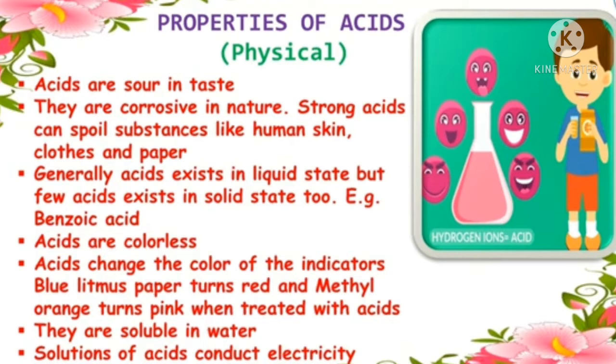Acids are colorless. Acids change the color of indicators. Blue litmus paper turns red, and methyl orange turns pink when treated with acids. They are soluble in water. Solutions of acids conduct electricity.